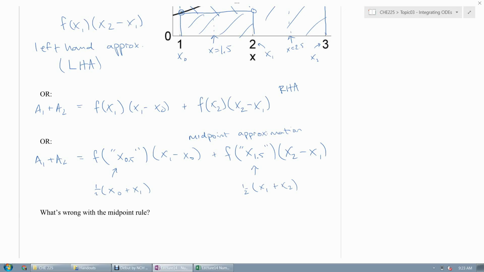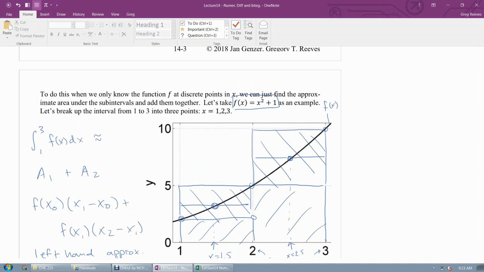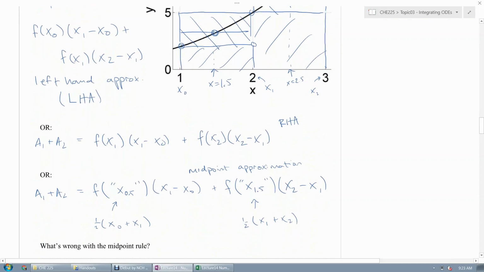Now, I say they're fictional points, and I put them in quotes, but if you have this function, as we do in this particular case, if we scroll back up, we notice that the function is f of x equals x squared plus 1. So we have the function, but because of that, these points are not fictional. We can just evaluate the function at the midpoint, and that's fine.